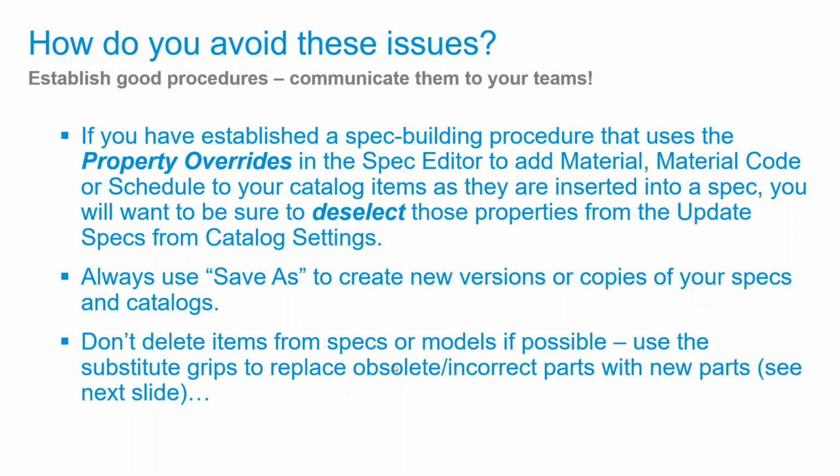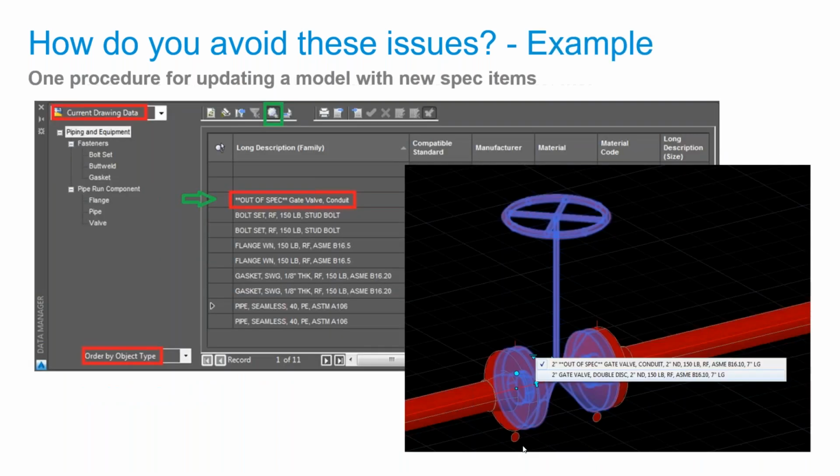Use the substitute grips to replace obsolete or incorrect parts with new parts. See next slide. This is one workflow which was mentioned before. If there are parts you want to replace in the spec, don't just delete them, mark them as out of spec.